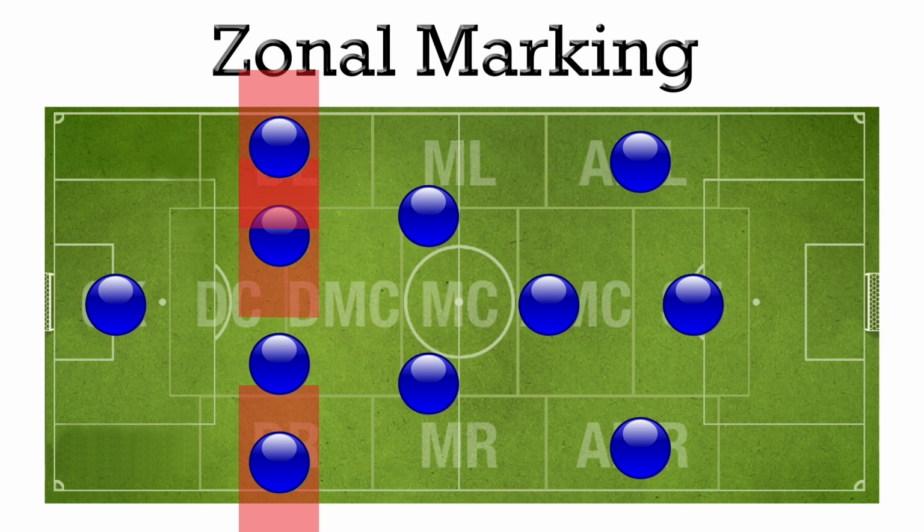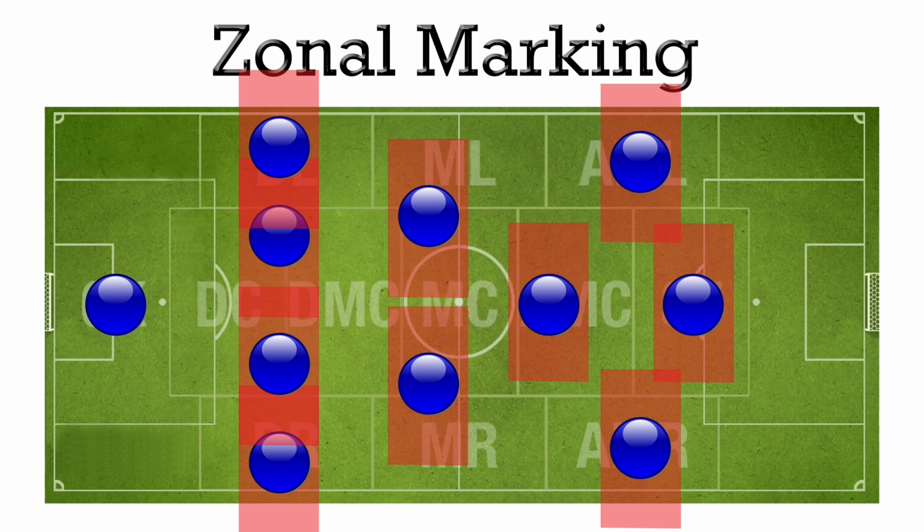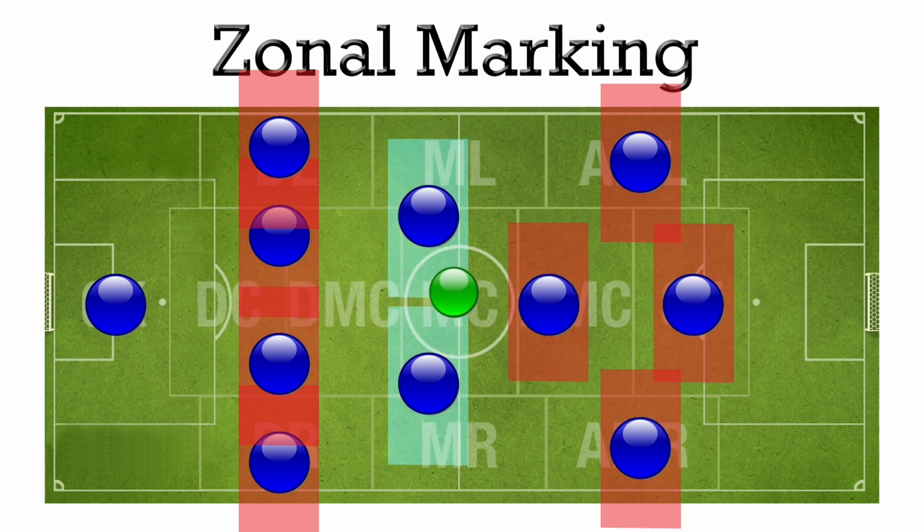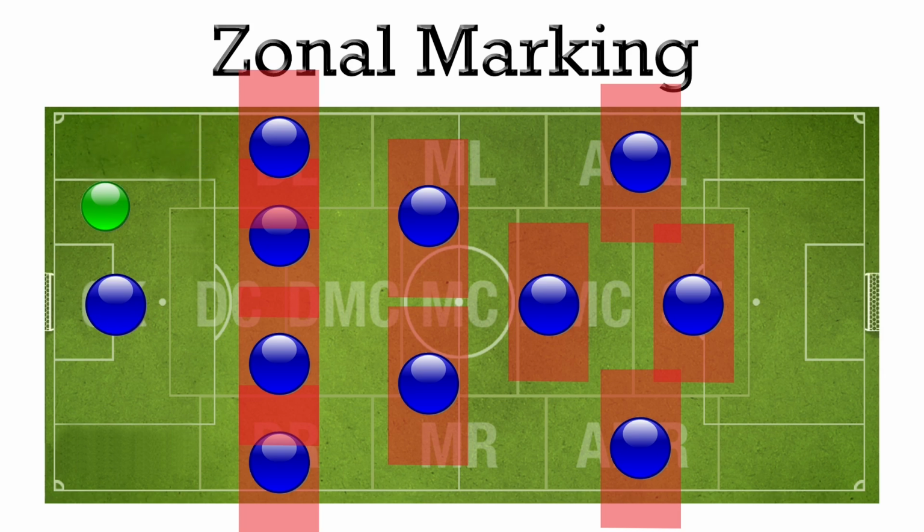The idea is simple. When an opposition player is in his defensive zone, he will try and mark or tackle him. If the player moves into another zone, then the responsibility becomes that of another player, whosever zone he is in.